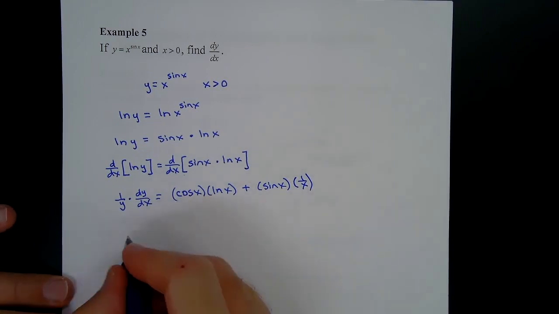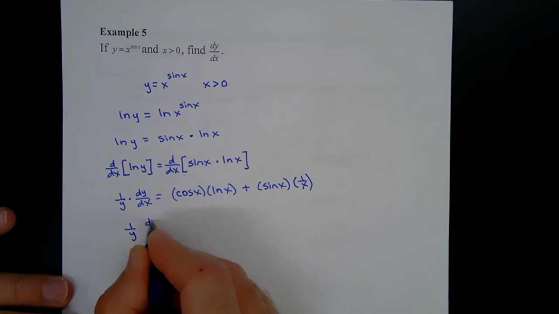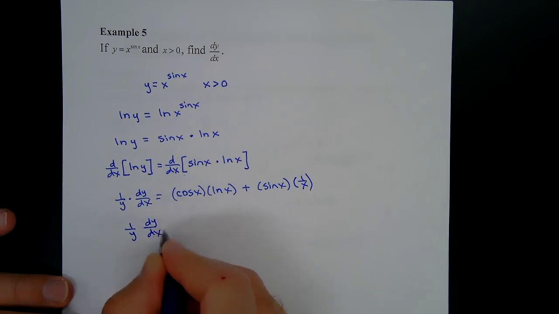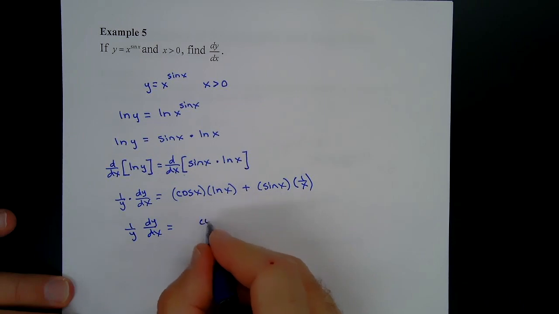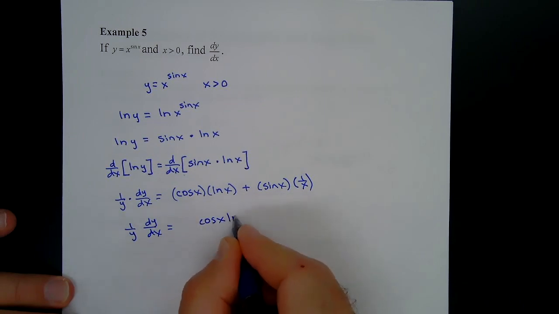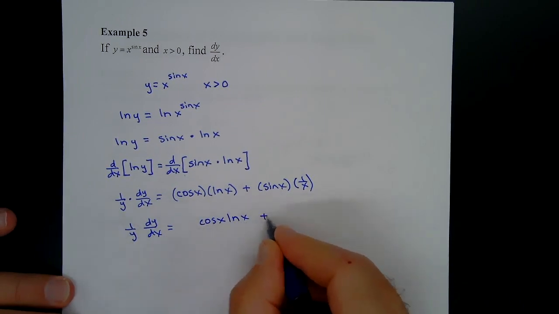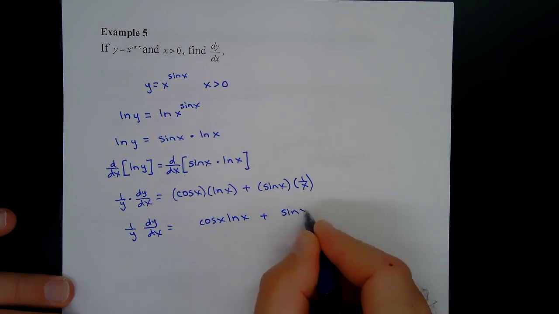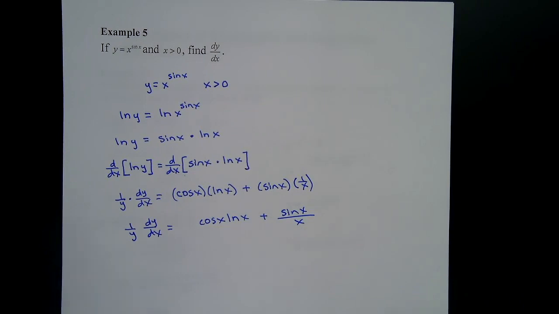Okay, so now this becomes 1 over y times dy over dx equals cosine x natural log of x, plus sine of x over x. Okay, now what I would do is I would get a common denominator here.